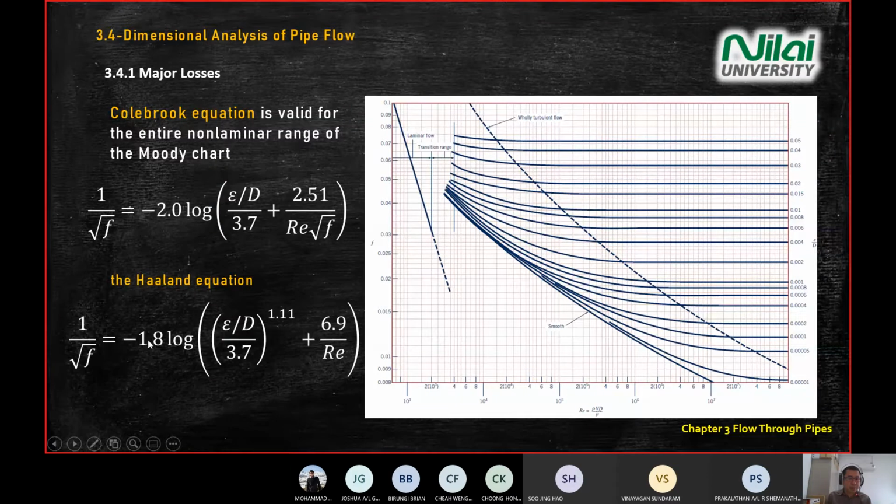And the constant values that they use are also different. But both of them are valid to use, because both of them were developed by researchers who did research on pipe flow. Both were found using experimental data, so they are valid to use.